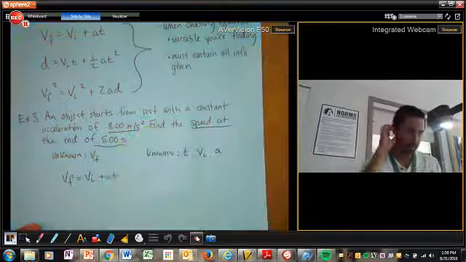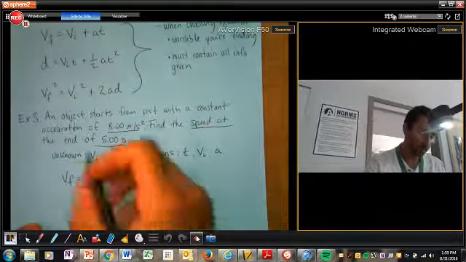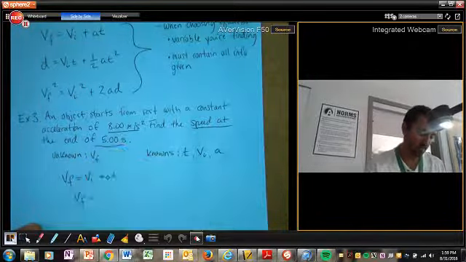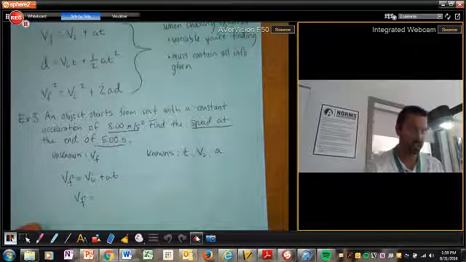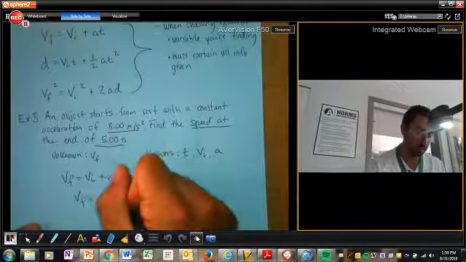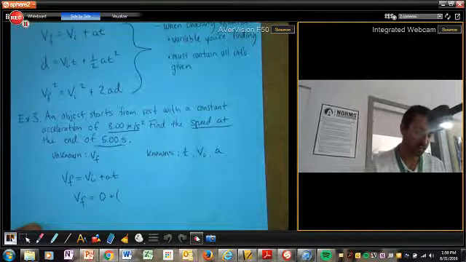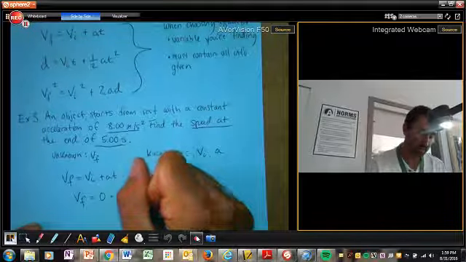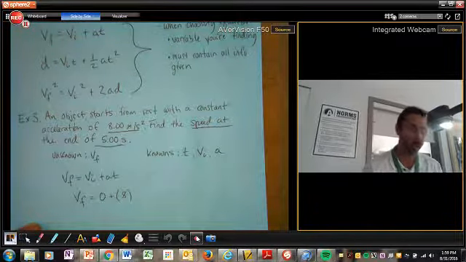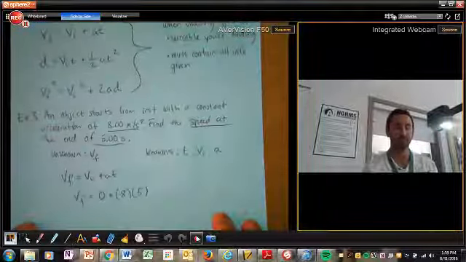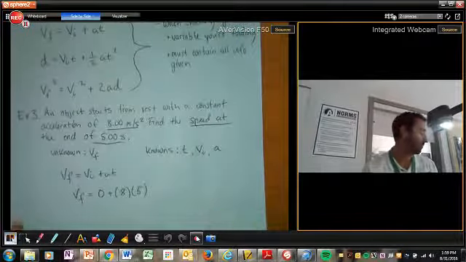I'm looking for Vf, so it's Vf is equal to, what's my Vi? 0, so it's not going to do anything. Plus my acceleration, which is 8. I'm going to leave out my units just to make it cleaner. And then I'm going to put my seconds there. Again, leaving out my units just to make it easy. So, what's my answer? 40.